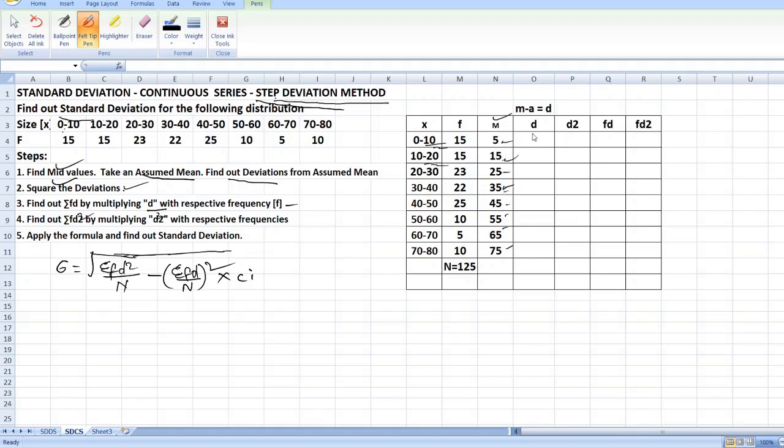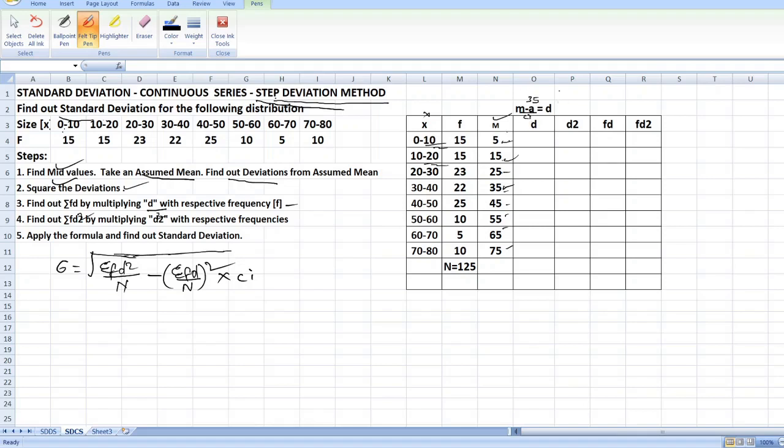We are not taking x values because they are indefinable, that's why we have taken mid values. So a is equal to 35. Consider these m values: m minus a, so 5 minus 35, divided by the class interval.